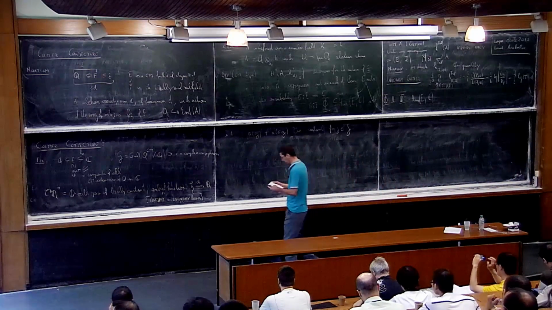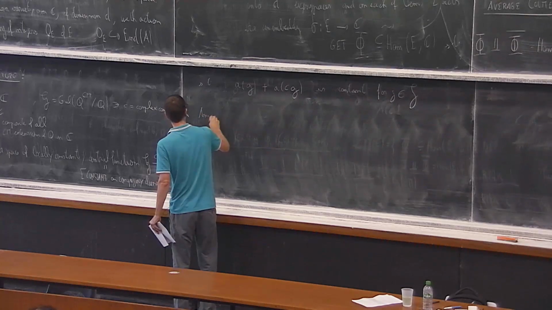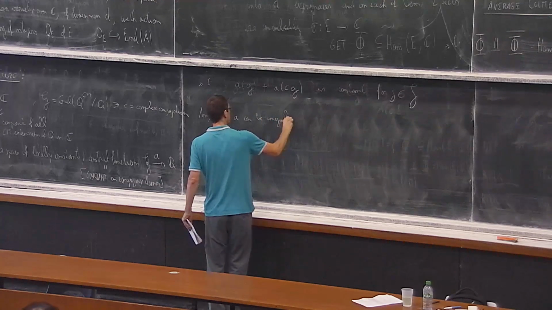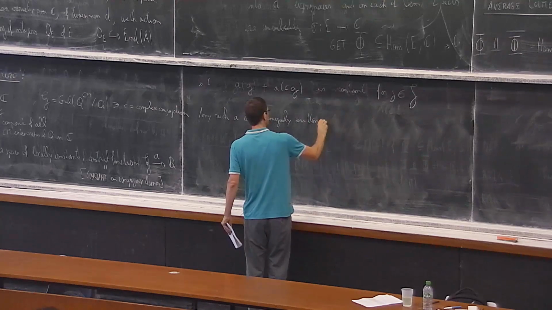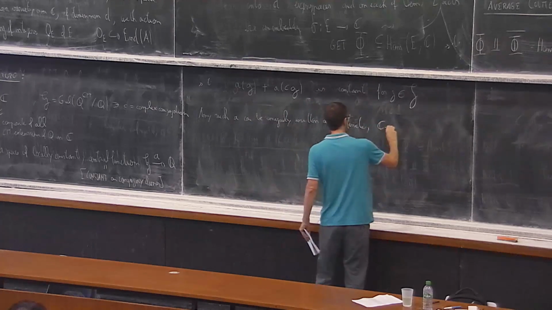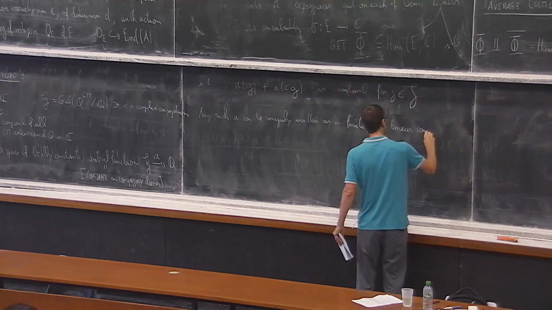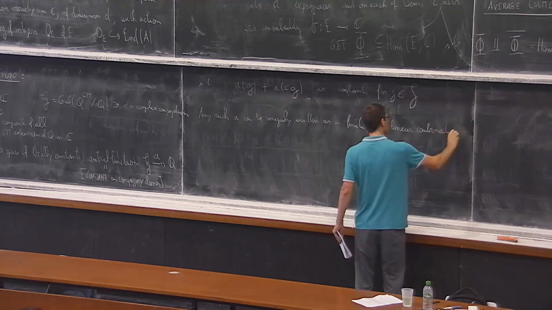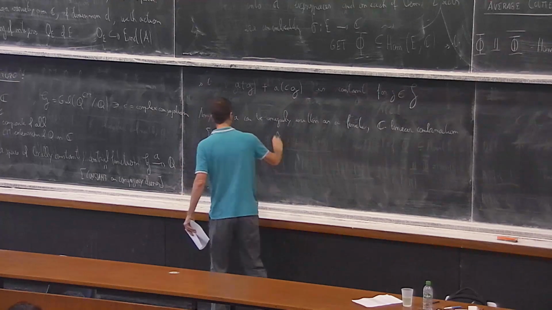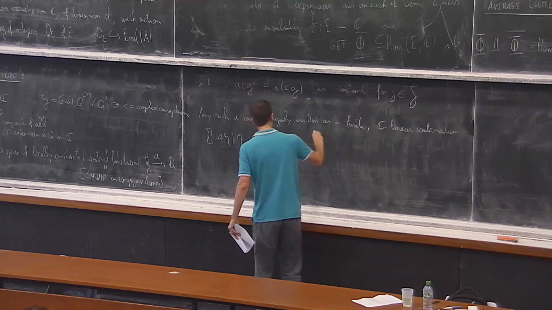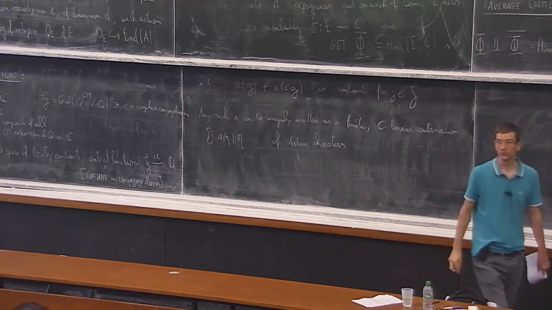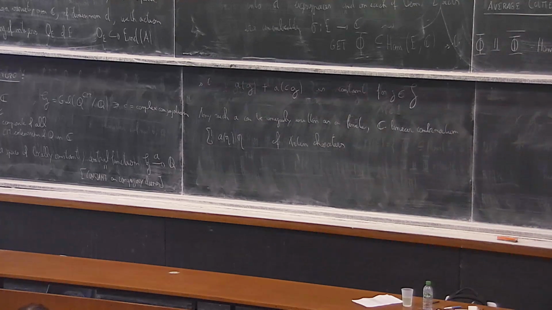So any such A can be uniquely written as a finite C linear combination, sum of a_eta times eta, of Artin characters that are central functions from G to C, locally constant.